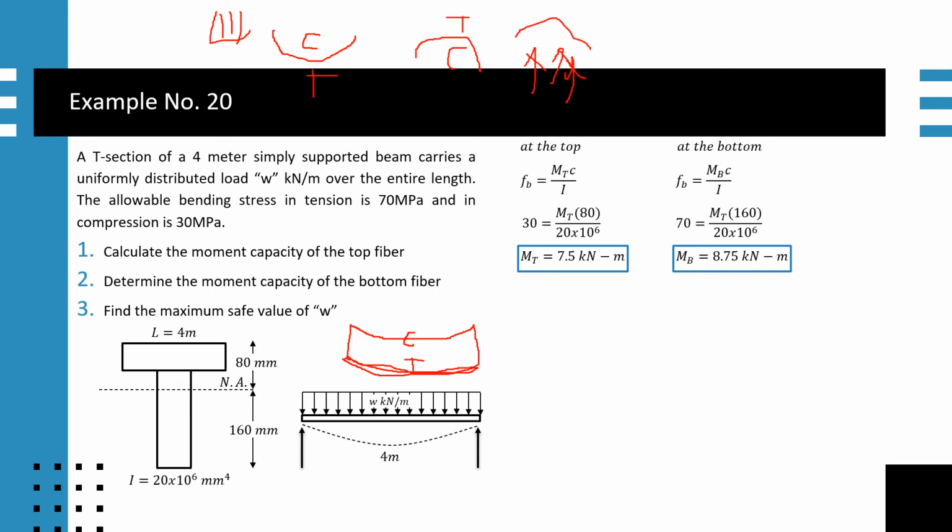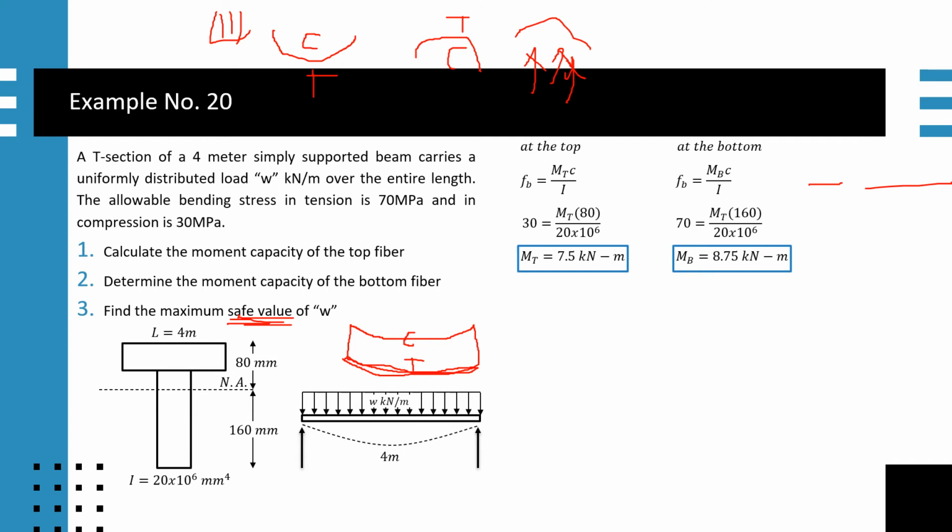So, kapag kukuha ka ng safe value naman, sinabing safe value, dapat dyan is yung pinakamaliit. Bakit yung pinakamaliit ang hahanapin mo? Kasi kung kaya nung maliit, kakayanin din nung larger one. Tama ba?